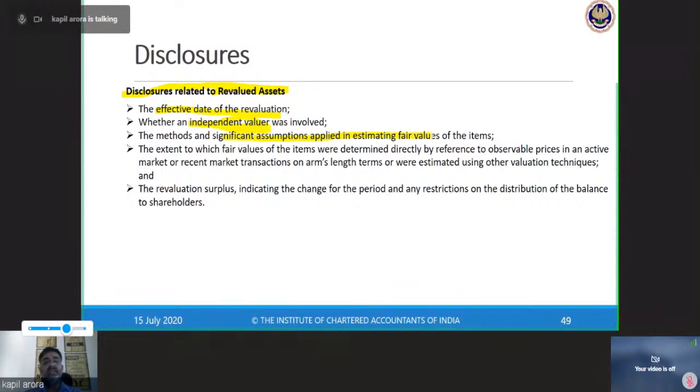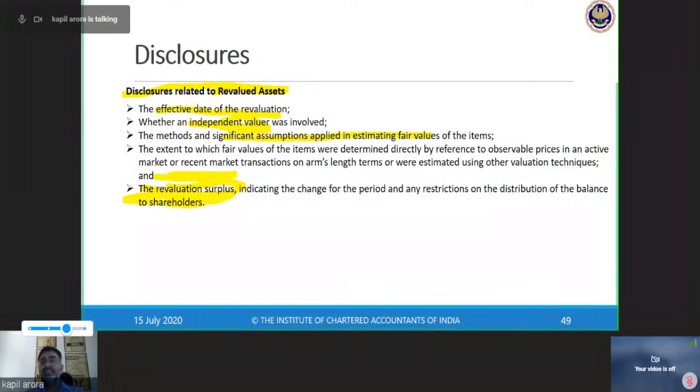It could be that the property next to me has been sold just recently, so I can take the price from there, right? And what is the revaluation surplus which we have for the period, and any restriction on the distribution of the balance to shareholders. That's something we are going to disclose, right? So can we share that revaluation surplus as dividend or not?